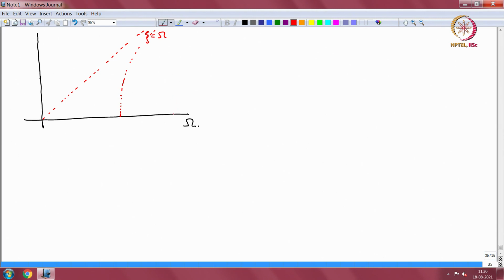Then the n equal to 2 rigid duct cut on, it takes off vertically too and will start turning, and at higher and higher it will approach this one. Okay. And then we have the plate uncoupled wave number, that also I will plot in a dotted manner.